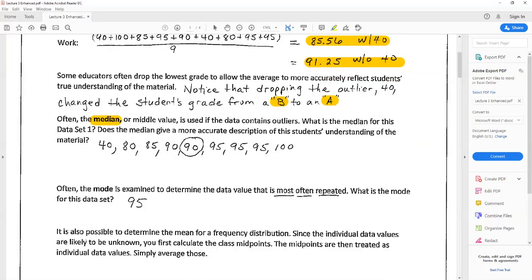So what do you do? Well, you could throw out the $2 million property, right? And you could just average the middle-class homes. That would give you a more accurate depiction of what's going on in the neighborhood.